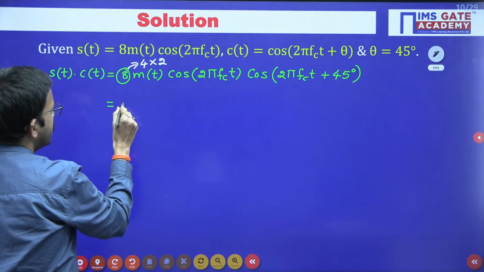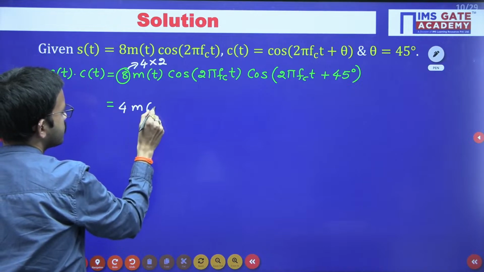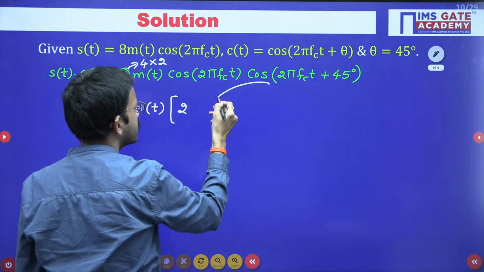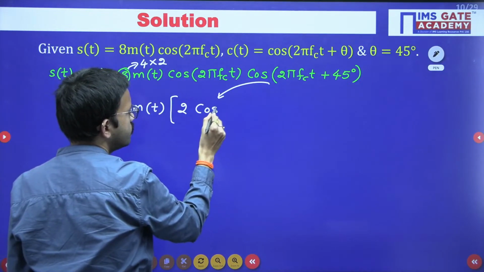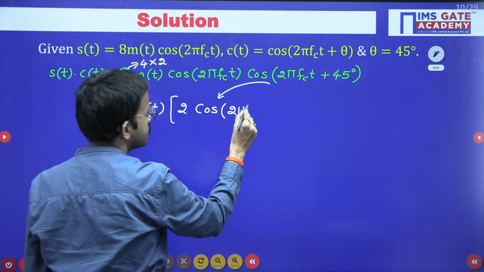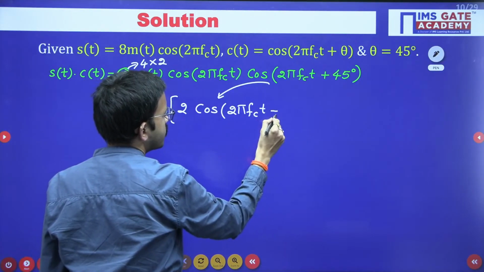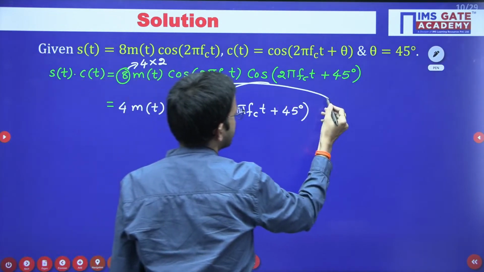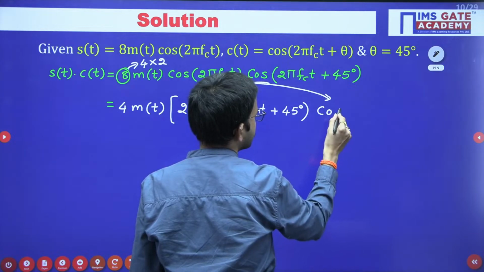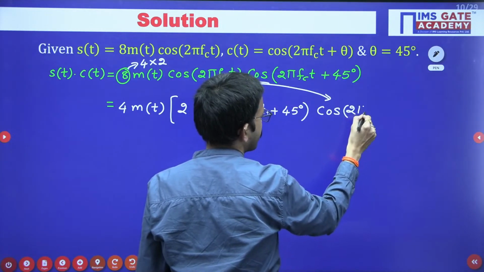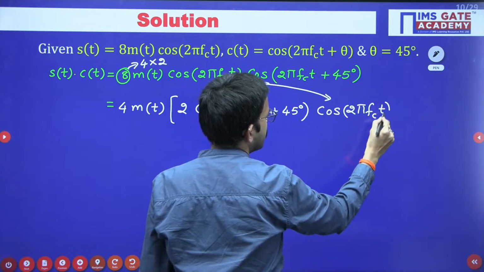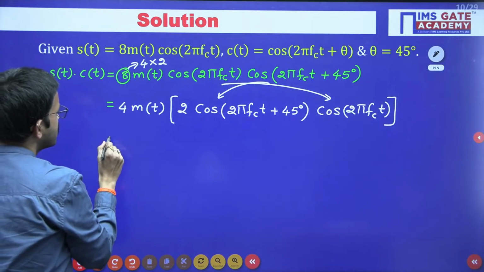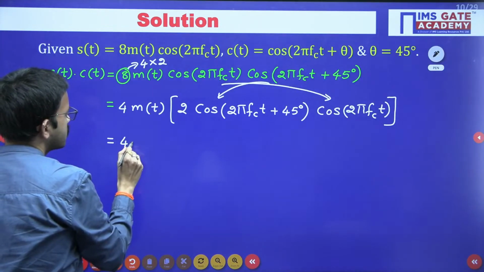So here we can write 4 M of t into 2, this term I am writing first, cos of 2 pi f c t plus 45 degrees, and then this term cos 2 pi f c t. Now it is in the standard form, 2 cos A cos B, which is nothing but cos sum plus cos difference.